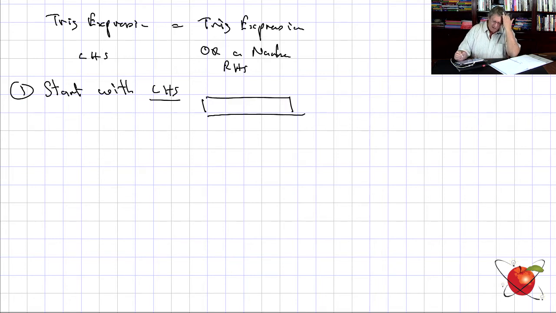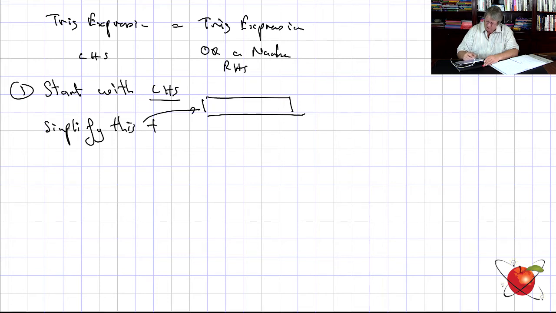Now, when that is done, we start with that, and we are going to, in essence, simplify this trig expression. That's what we're doing. We're going to simplify this trig expression over there.